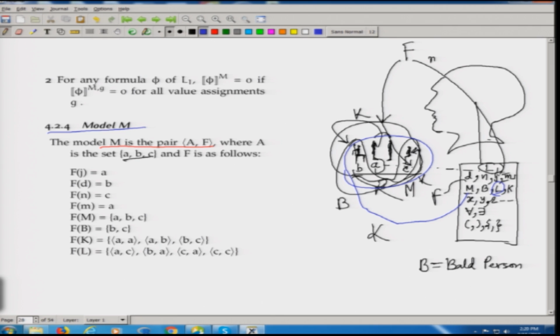F takes L and then relates that to a relation that is held between A and C. So, A and C are related this way through L, and then B and A are also related this way, that is L, saying that B likes A and stuff like that. So, the set of all these arrows, all these relations, then will be L.